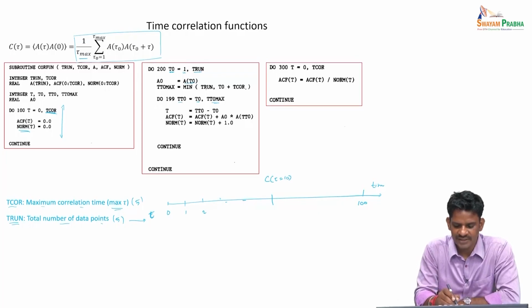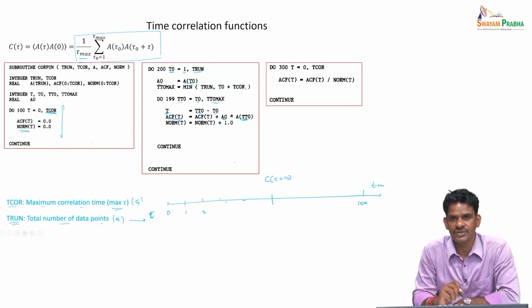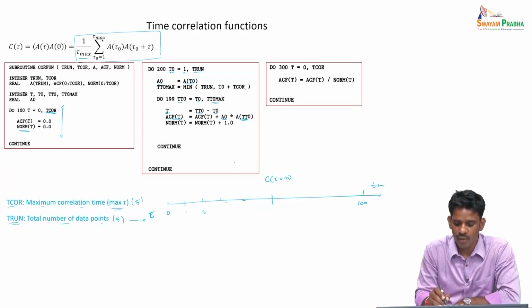Then it calculates the delay time tau, which is t minus t naught, and we calculate this autocorrelation function by taking A at t naught and multiplying with A at a delay time of t. Okay, and then this is getting added up, and how many times we do this averaging is coded in the norm t.